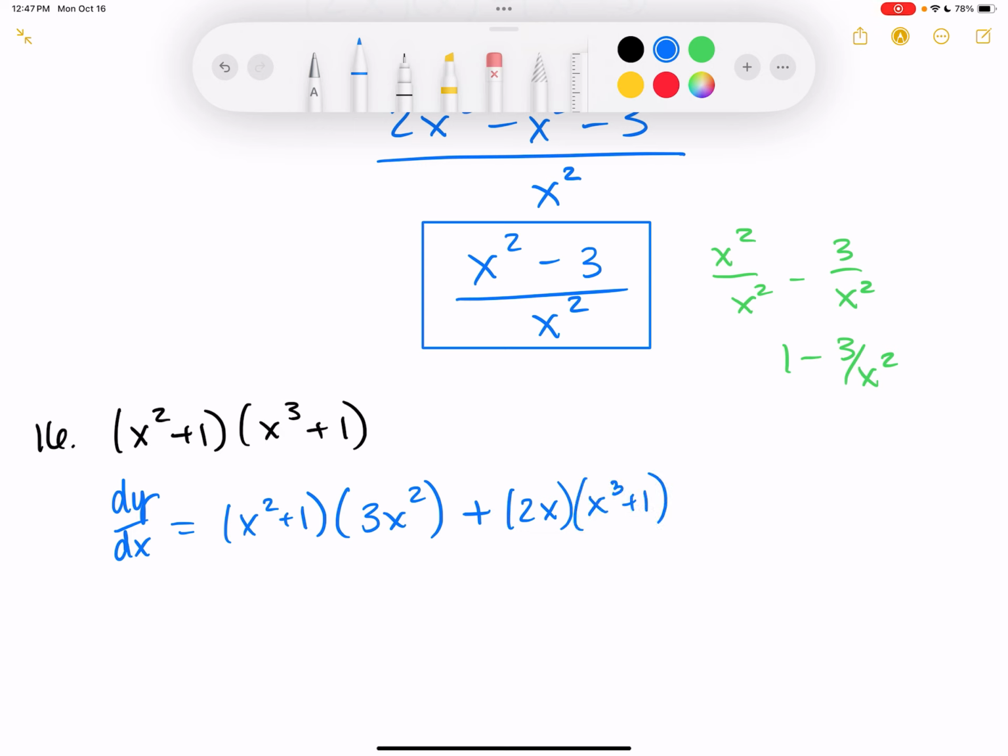I often end up putting every little piece in parentheses, because you can go back and see it. And if you're having a hard time getting this written right, write this is u v prime plus u prime v, write it out in the letters of what it should be, and then actually go through and take the derivatives.